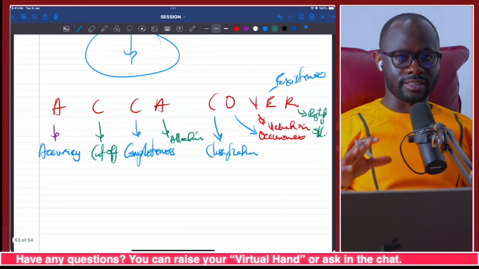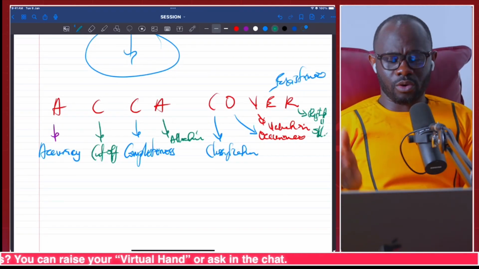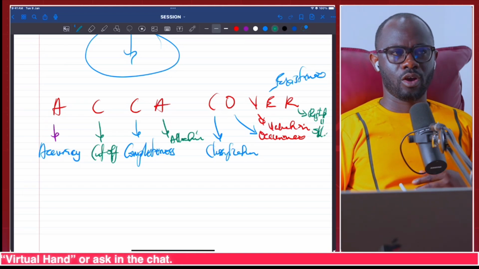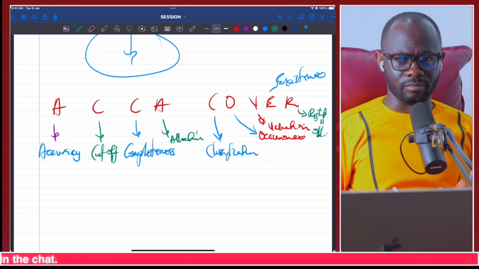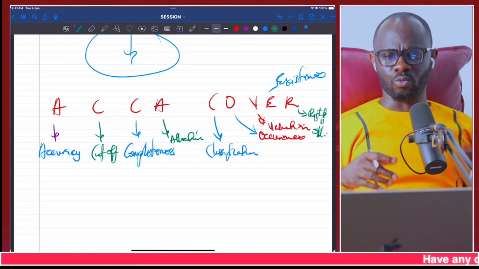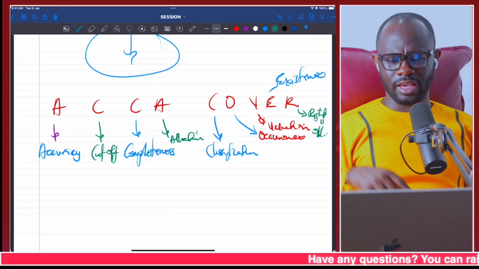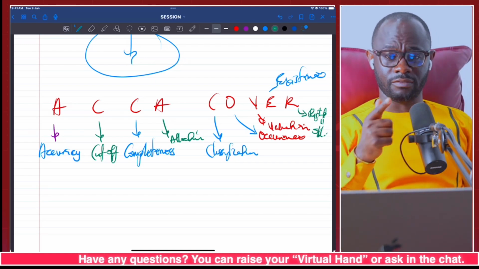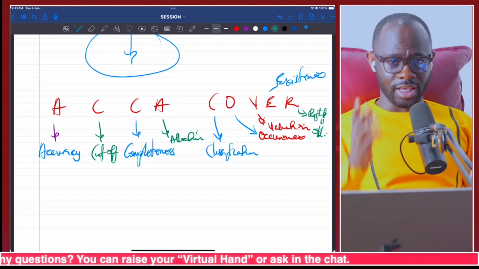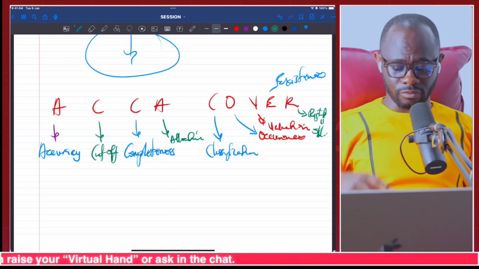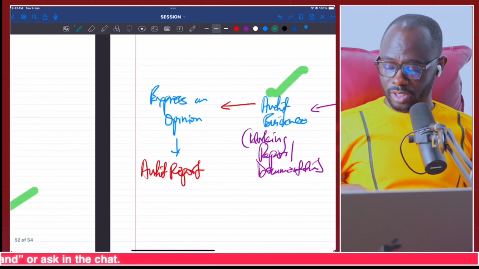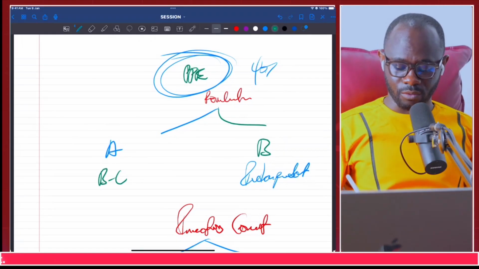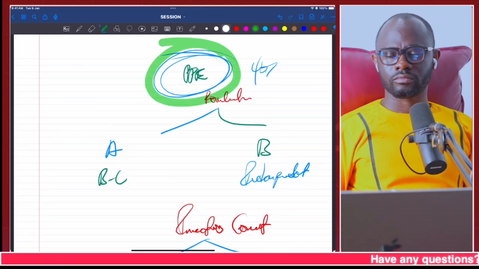Those are the assertions. In other words, this is what we are saying. When we want to audit something, one way or the other, it is whether you are checking if the thing is there, if the thing is accurate, if the thing includes everything. So, for instance, if we come back to the PPE that I mentioned earlier, we are auditing PPE.